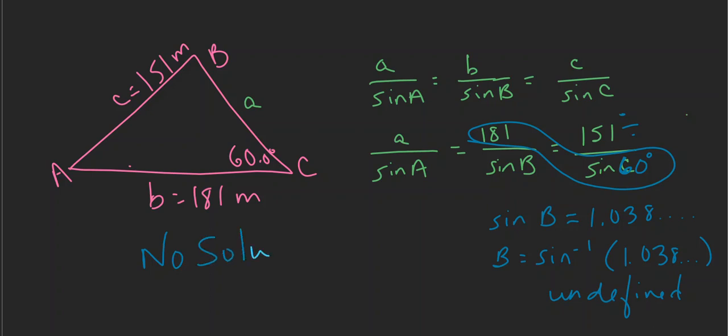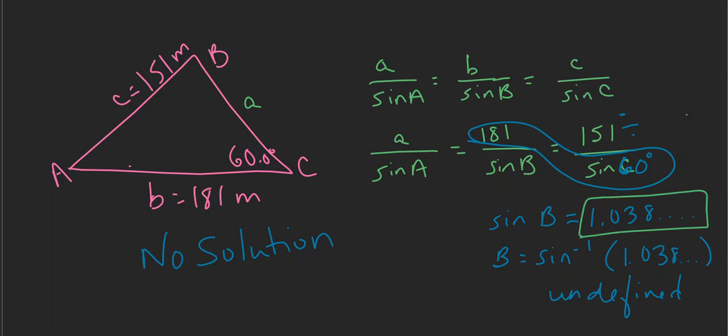So this is an impossible triangle. If I were to actually draw it out to scale, one of the sides would be too short and it wouldn't actually complete the triangle. What I could tell, if I was looking at the number when I did the cross multiplication, is that this number, 1.038, is over 1.